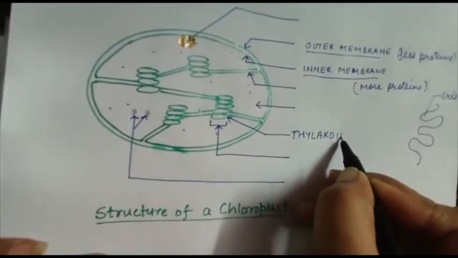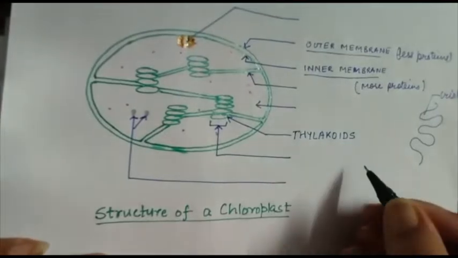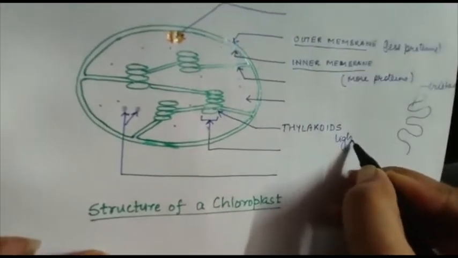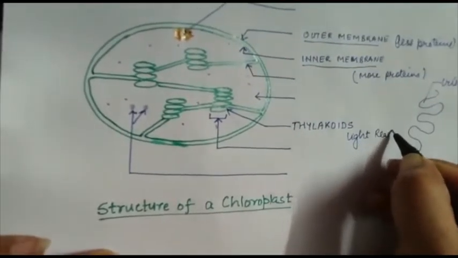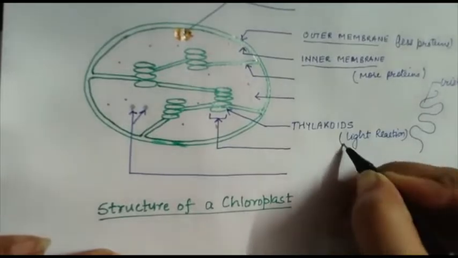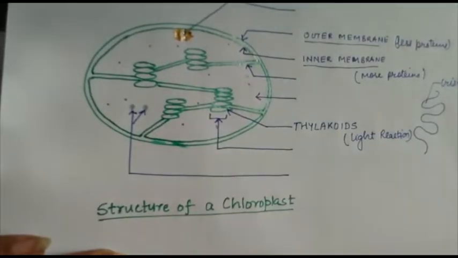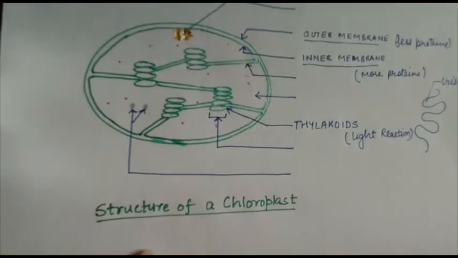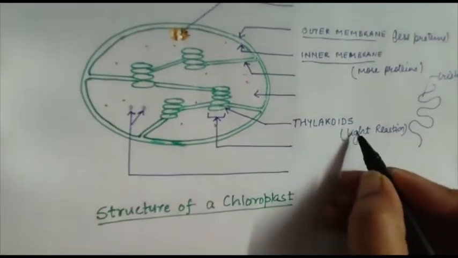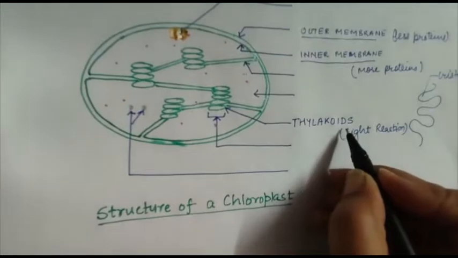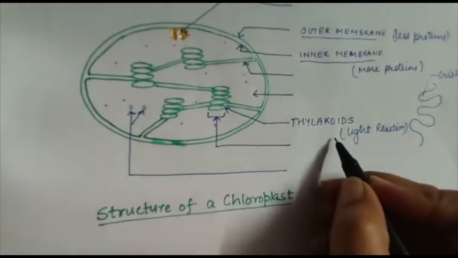These are basically the sites for the light reaction, or we can also call it the light dependent reaction. These are flattened sacs in which chlorophyll is present.